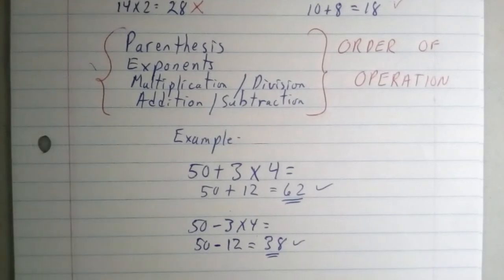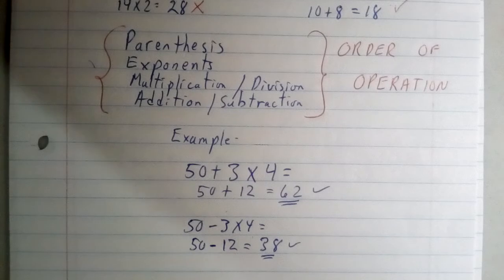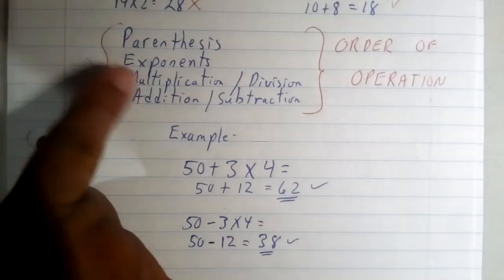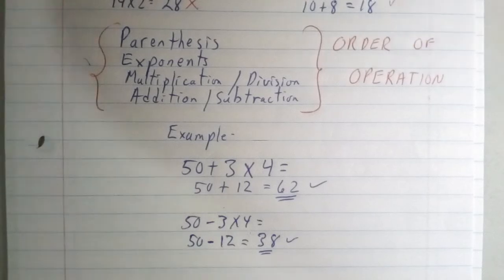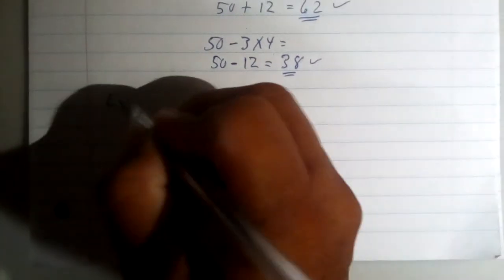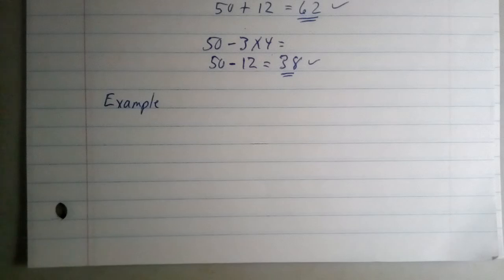So then let's see a problem where we will have parentheses, okay, and then we're going to drop in some exponents inside. So let's go to the next page. Remember, parentheses, exponents, multiplication, division, then addition and subtraction. So we're going to have a problem where we work with the other example, and our example goes as follows.